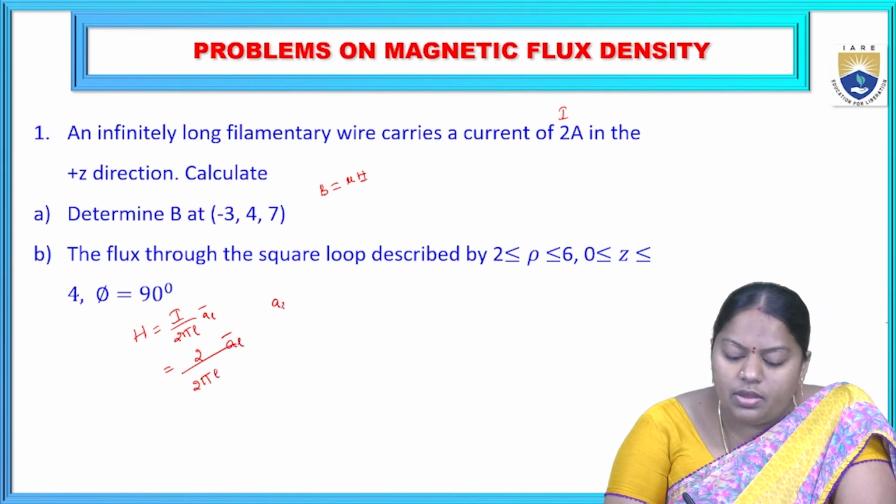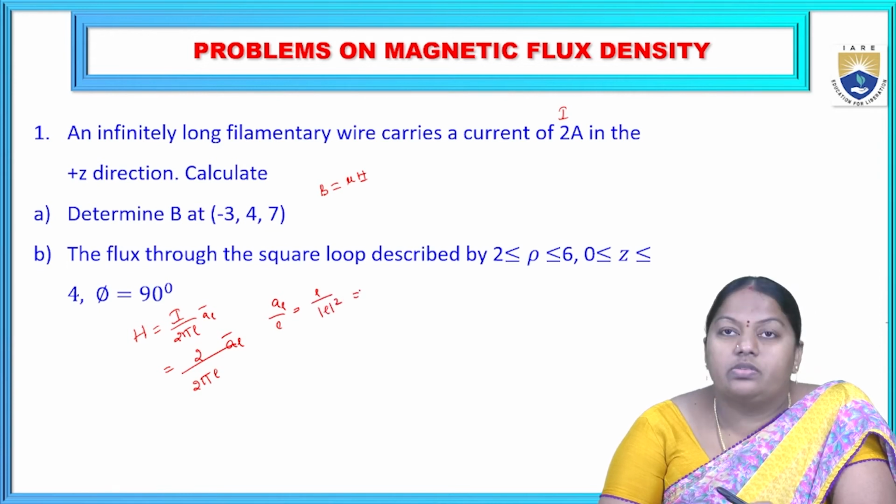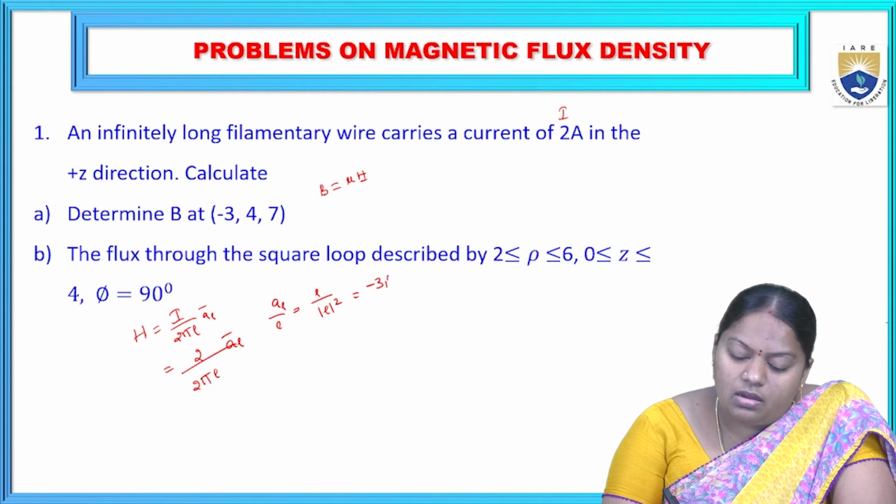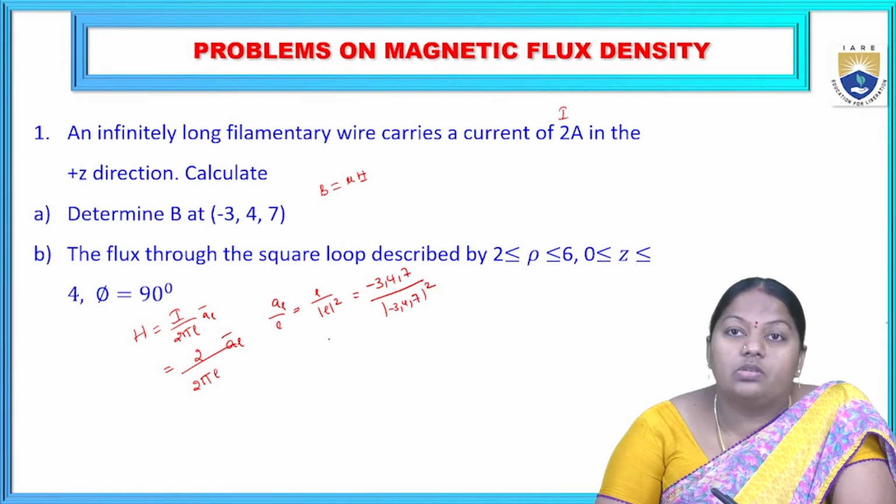To find a rho by rho, which is equal to rho vector by modulus of rho squared, the point at which B is to be evaluated is (-3, 4, 7), so (-3, 4, 7) by modulus of (-3, 4, 7) squared.